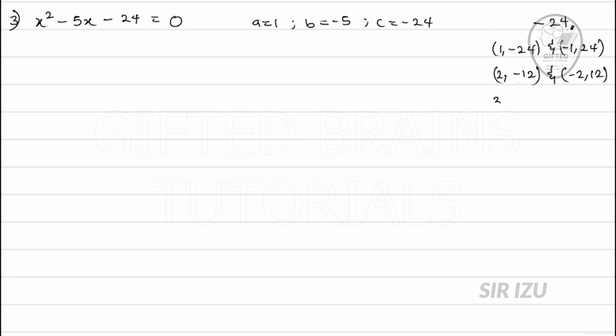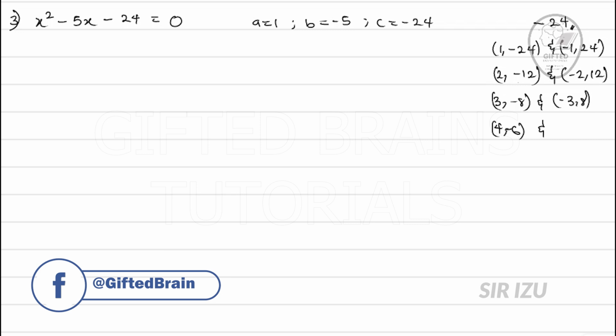We also have 3 and minus 8, and minus 3 and 8. And we have lastly 4 and minus 6, sorry. Please take note. And we have minus 4 and then 6.